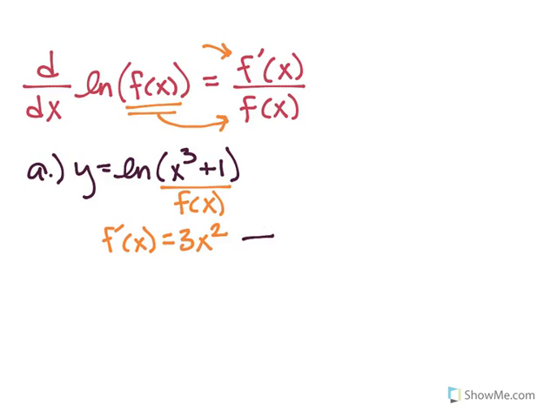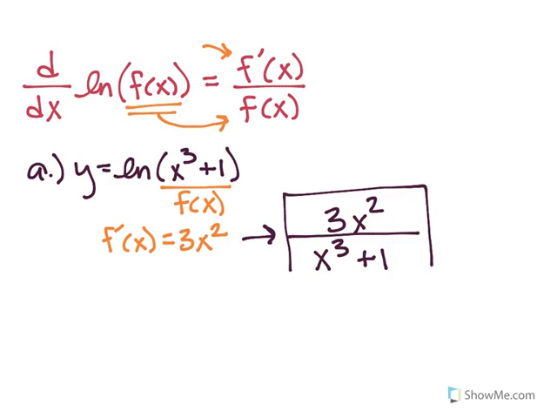So to put this all together, I get my fraction bar set up. That inside part goes all together in the denominator, and then our numerator is the derivative, which is 3x squared. And nothing here actually cancels or simplifies, so this is my final answer. Let's take a look at another one.